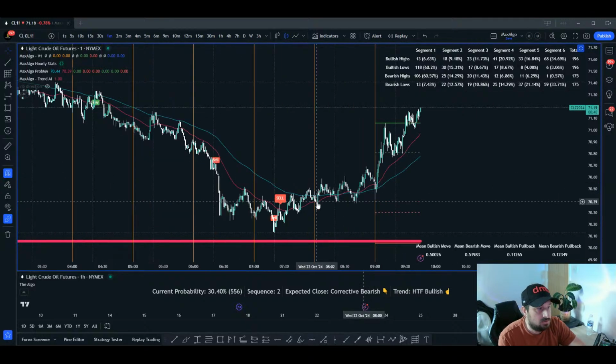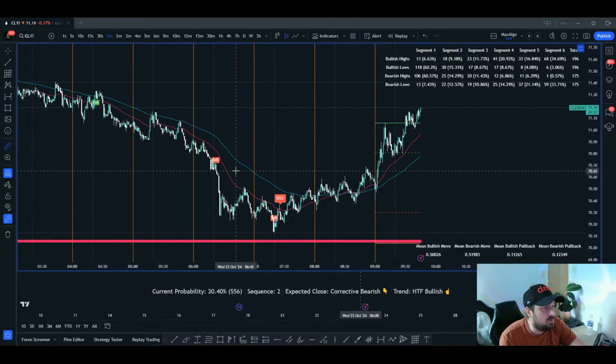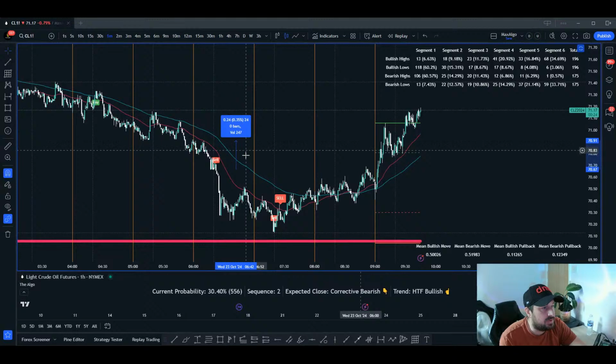one of the things that I will look at is how much risk is on the table for me. So this sell signal here, we've already moved 24 ticks. So if I'm going to enter on this trade, then I know my risk is going to be about 24, 25 ticks.